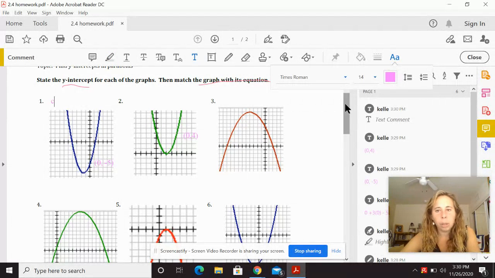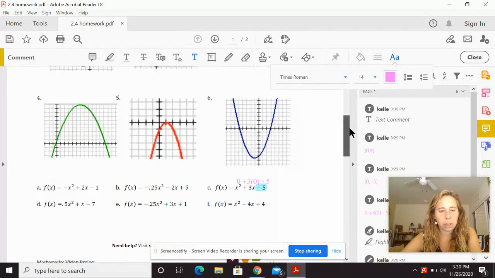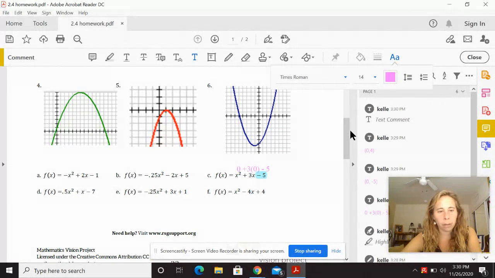All right, number 2, we're looking for a y-intercept of 4. So when x equals 0, y is 4. Go ahead and look for a second. Which one is it? When x is 0, y is 4. This one.